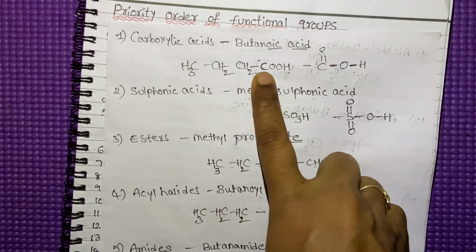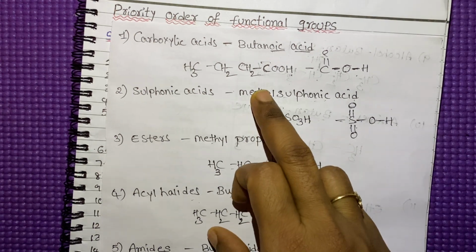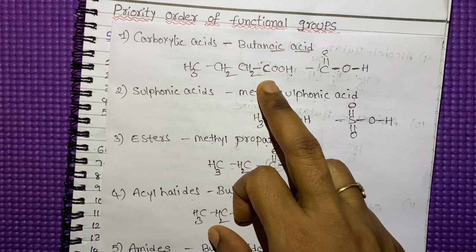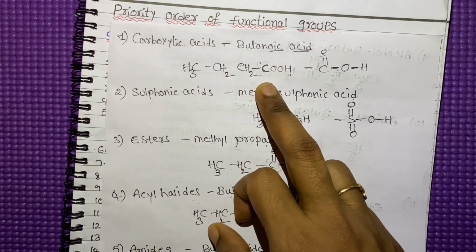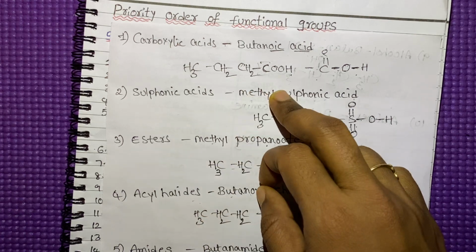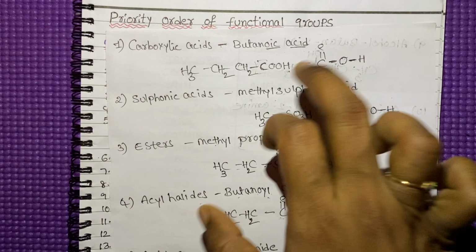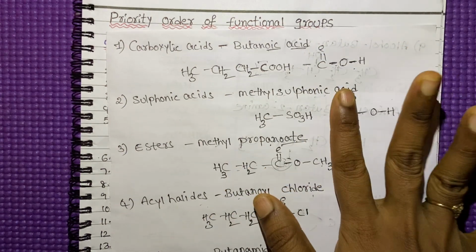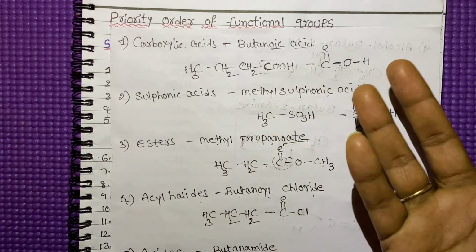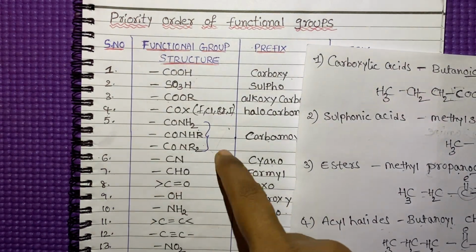If the functional group is present at the terminal, we have to give the least number for that terminal group. If the functional groups are present in the second position, third position also, we have to check the numbering to give the least number for the functional group. Okay, if the compounds contain more than one functional group, then we'll go for the priority order, then we'll check.